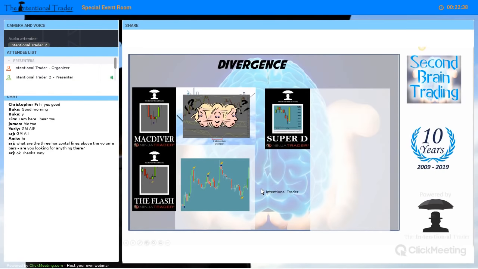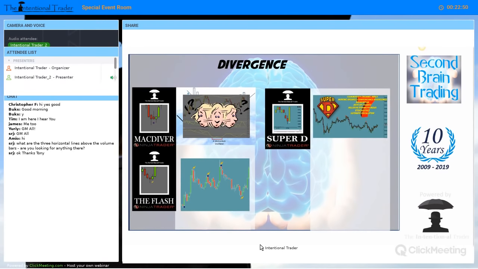And I thought, okay, how many others are we missing? There are lots of momentum oscillators. Let's apply that to seven total momentum oscillators. And that's where we came up with the Super D. Super D is actually looking at 7 different potential areas of divergence.